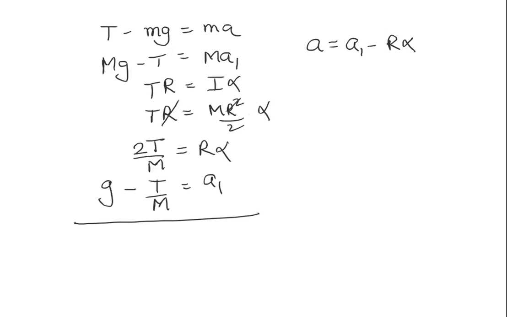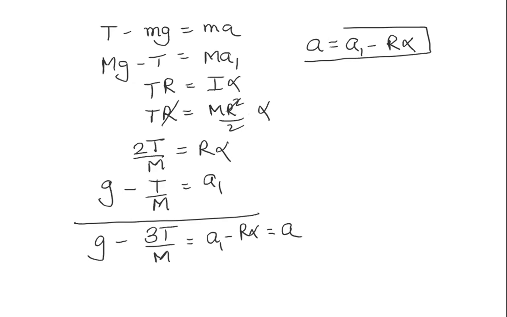If I subtract, I'll get नीचे वाले से ऊपर वाले को सब्ट्रैक्ट करना है। g minus 3T by m is equal to a1 minus r alpha, which is equal to a, because I need to use this as well. Okay?